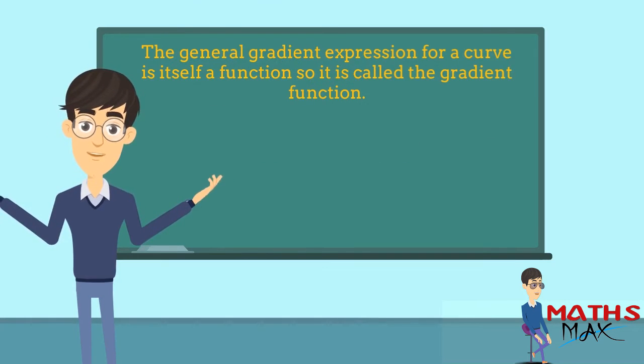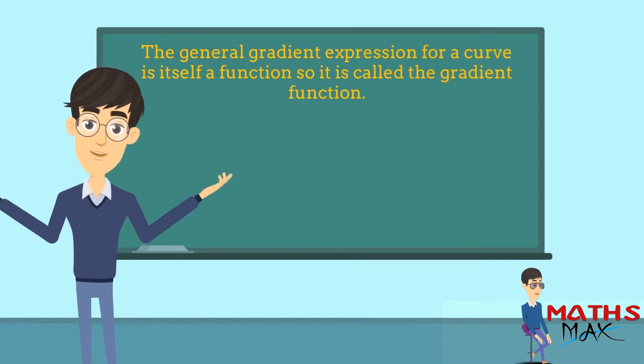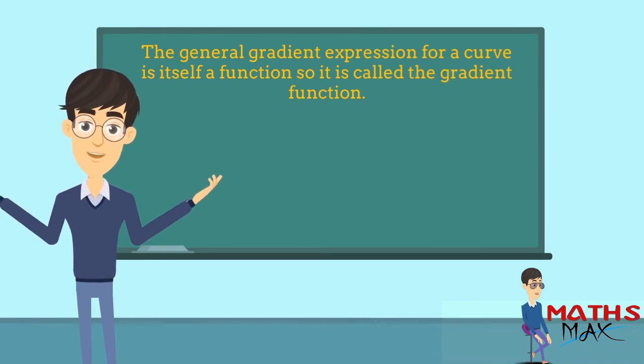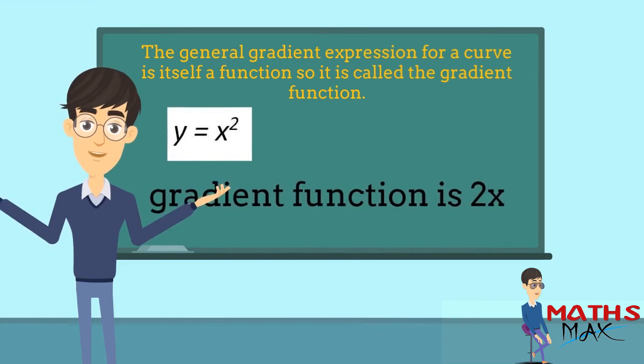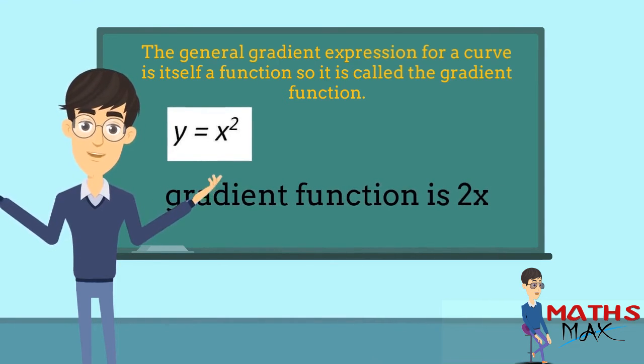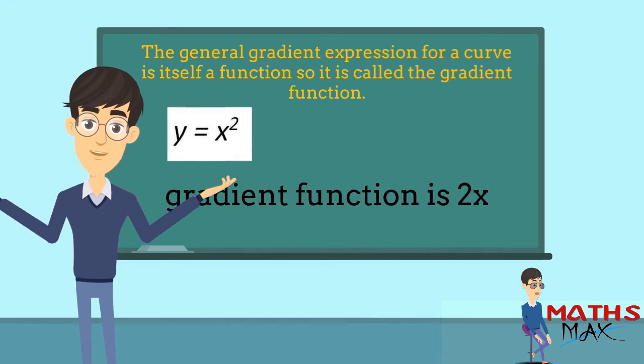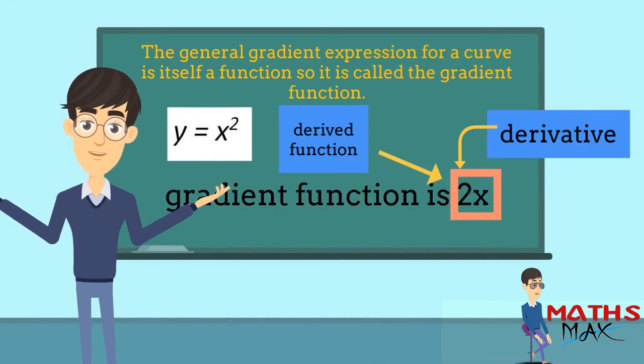The general gradient expression for a curve is itself a function, so it is called the gradient function. For example, for the curve y equals x squared, the gradient function is 2x. See, the gradient function is derived from the given function. It is more often called the derived function, or the derivative.